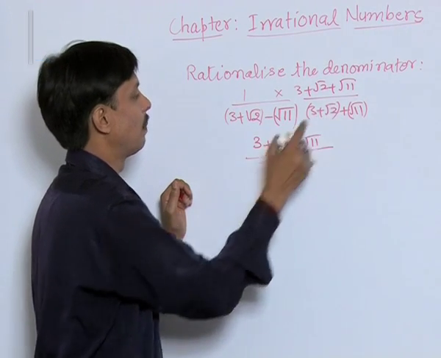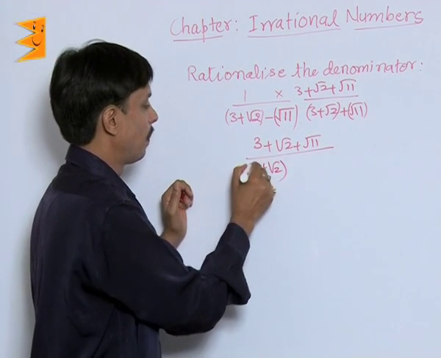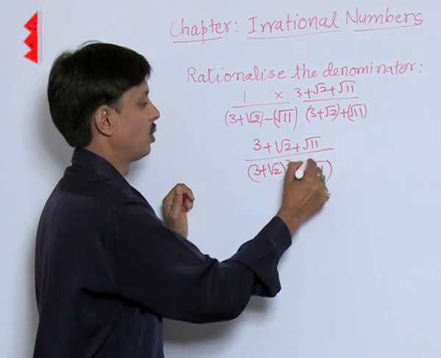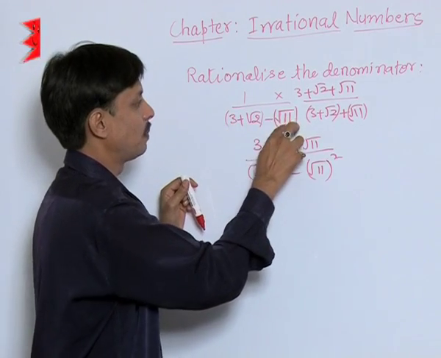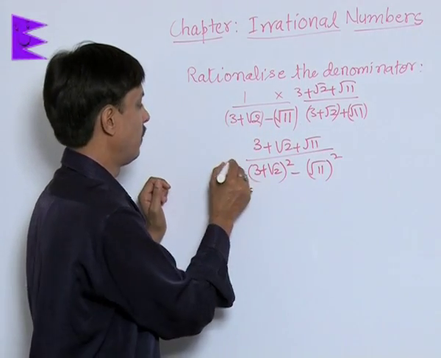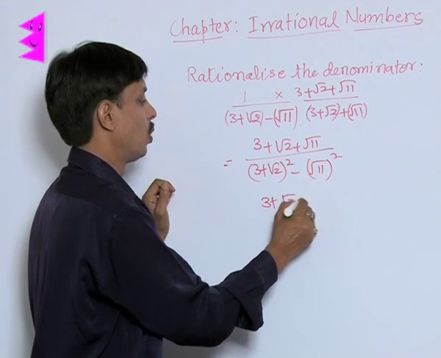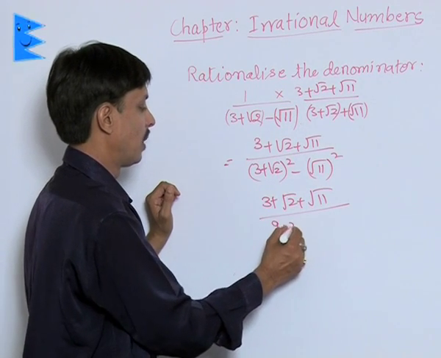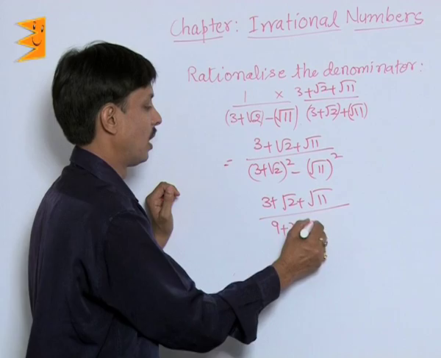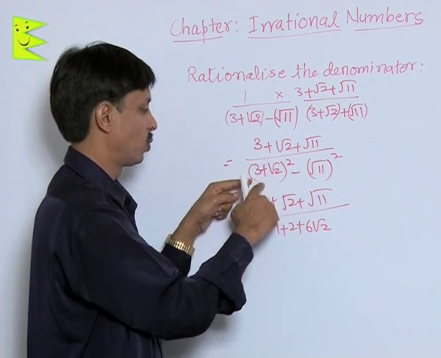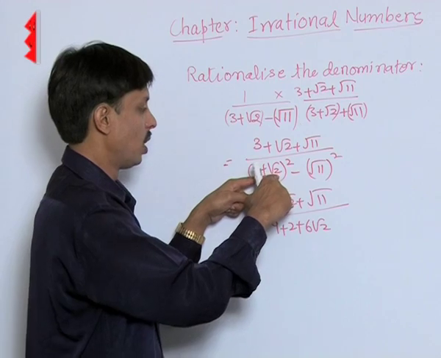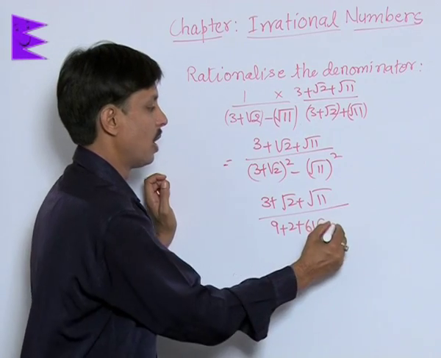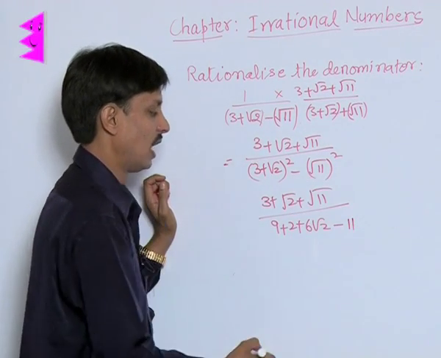In the denominator, this is to be considered as one term and this as another term. A minus b and a plus b becomes a square minus b square, that is 3 plus root 2 whole square minus root 11 square. This becomes 3 plus root 2 plus root 11 upon 3 plus root 2 whole square, a square plus b square plus 2ab. 3 square is 9, root 2 whole square is 2, plus 2 into 3 into root 2 becomes 6 root 2, minus root 11's whole square is 11.